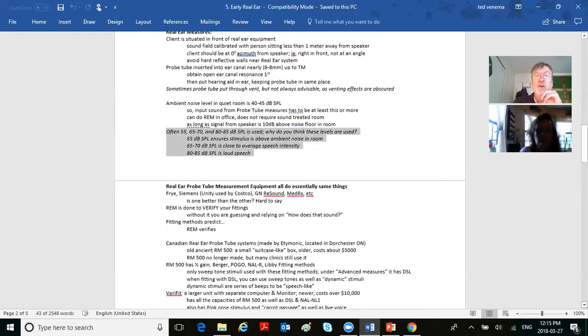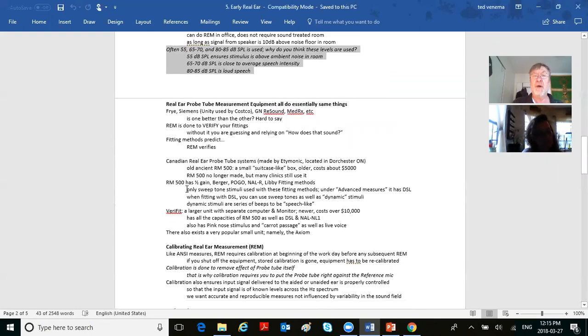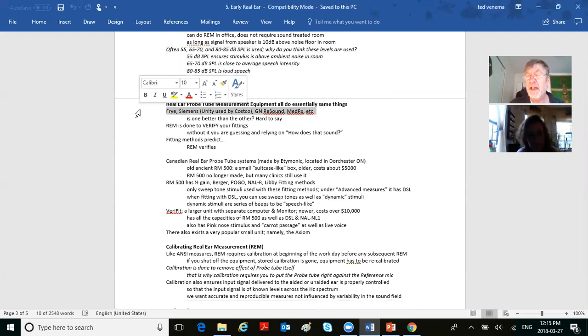Here's real ear equipment that you may commonly run into. Fry has a system. Siemens has a Unity system. GN Resound uses Auricle, A-U-R-I-C-L-E. I think OTC has the Auricle real ear system. Interacoustics has a system. Audio Scan out of Canada, that's sold all over Missouri and all over the US as well.